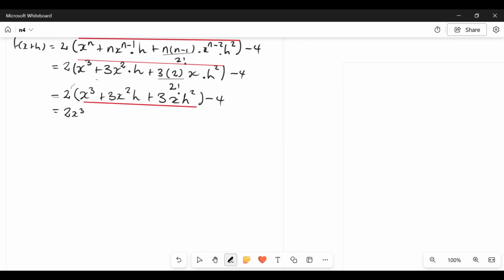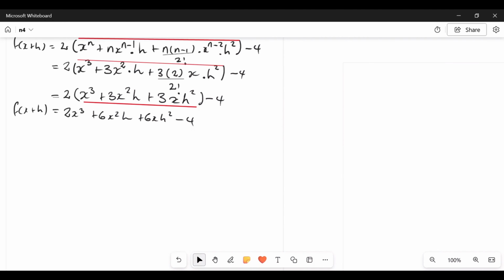Multiply this 2 with 3x squared multiplied by h. This is going to give us plus 6x squared h. If you multiply the very same 2 with another 3x h squared, this is going to give us plus 6x h squared, minus 4, the 4 that we had there. So this here is our f of x plus h.